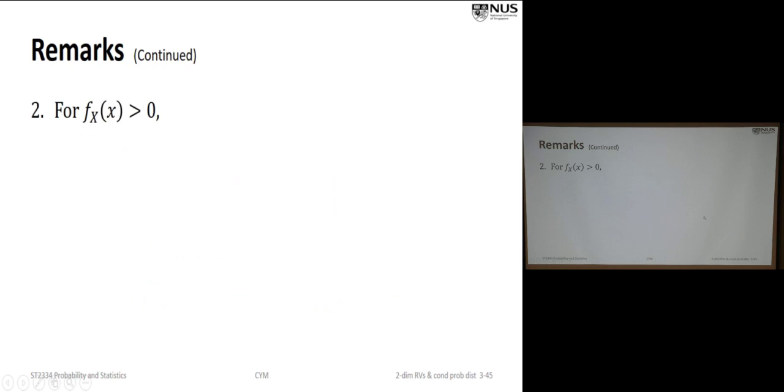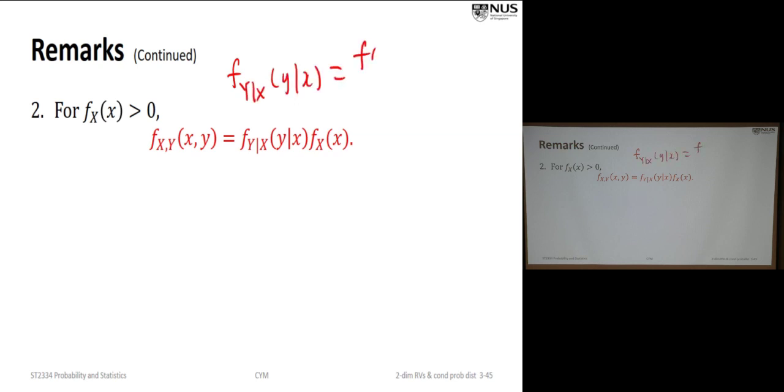All right, so I just rearrange it. Remember the definition of y given x.